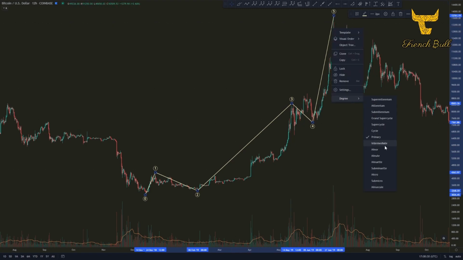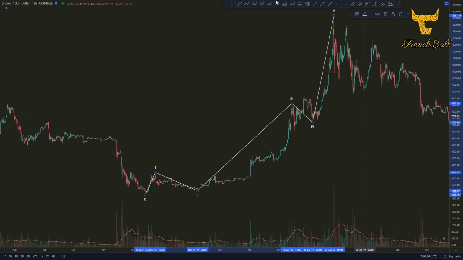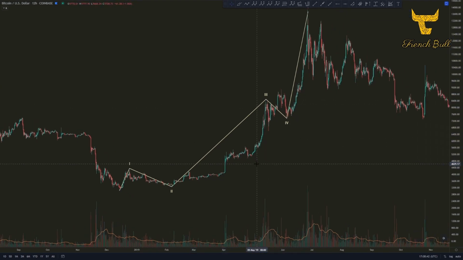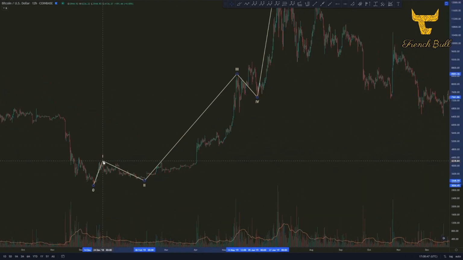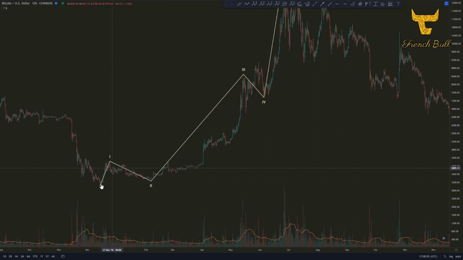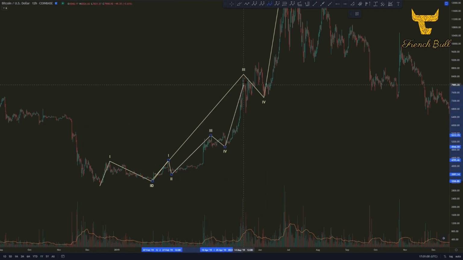So let's put this as a cycle. I'm not going to count the sub count for the first wave here. It's too small, but we can count for the wave 3. We got a wave 2, a wave 3, a wave 4, and a wave 5.